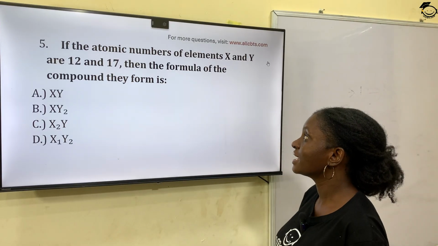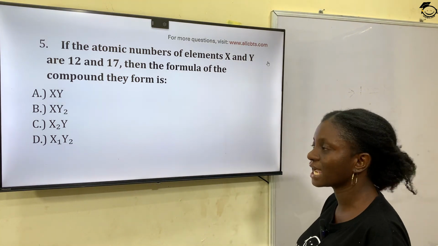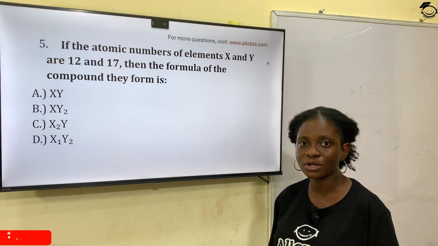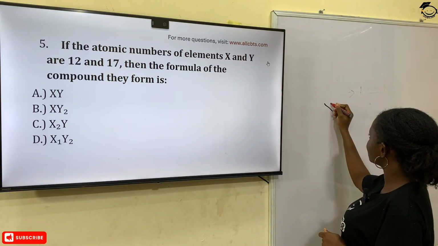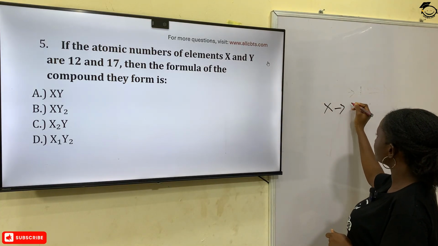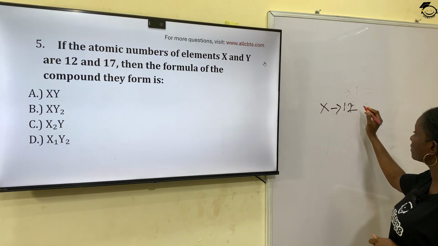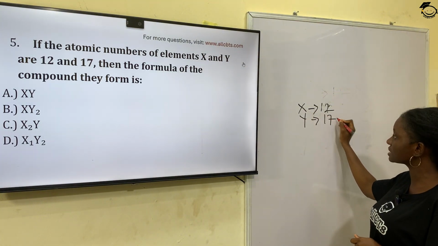Question 5. If the atomic numbers of elements X and Y are 12 and 17, then the formula of the compound they formed is, for element X, the atomic number is 12. Then element Y, the atomic number is 17.